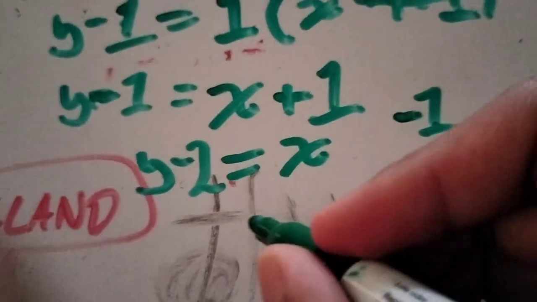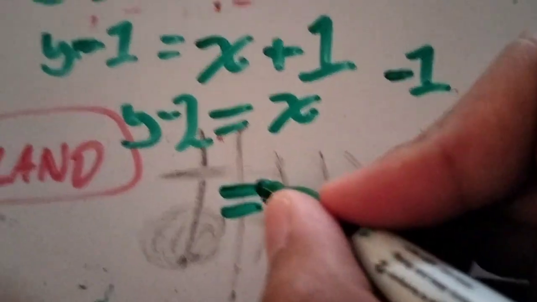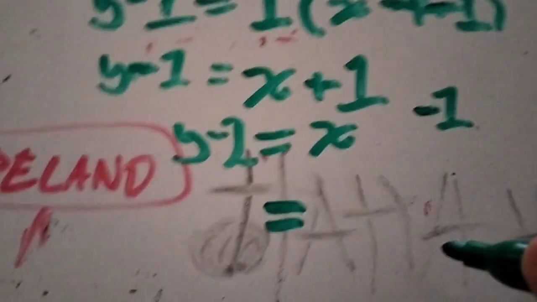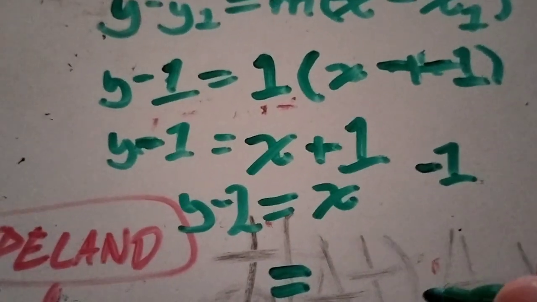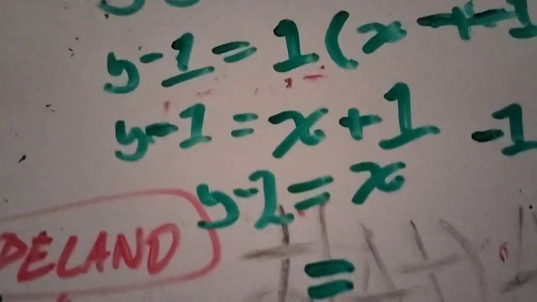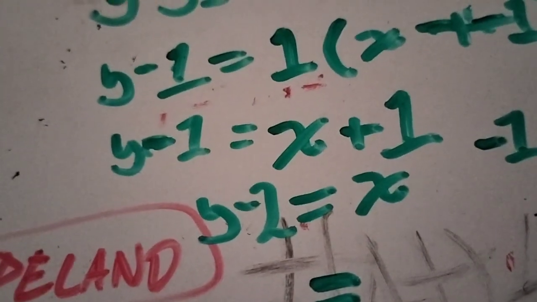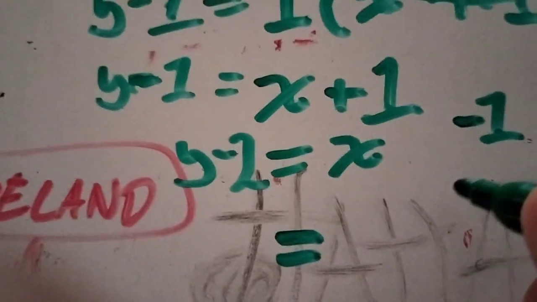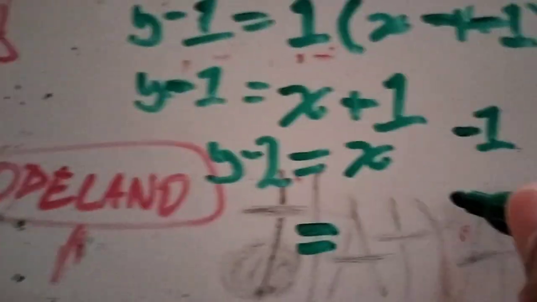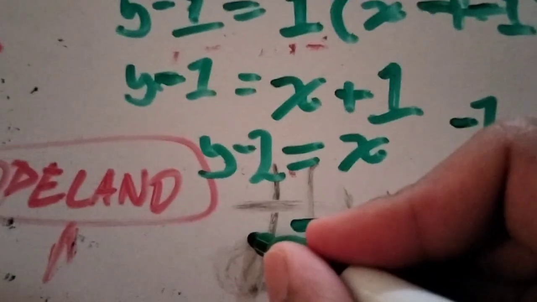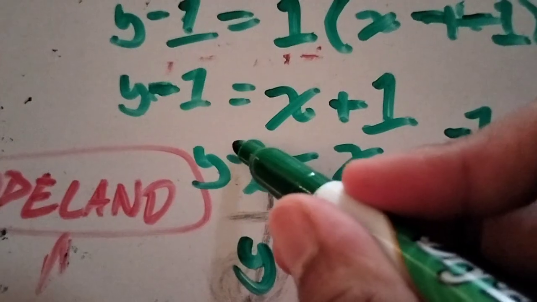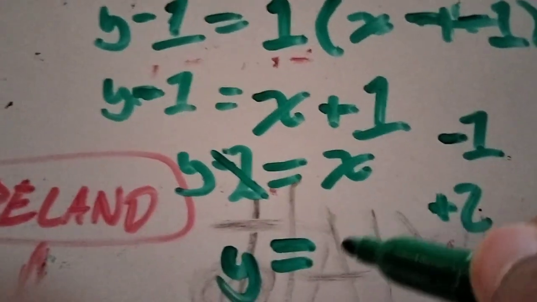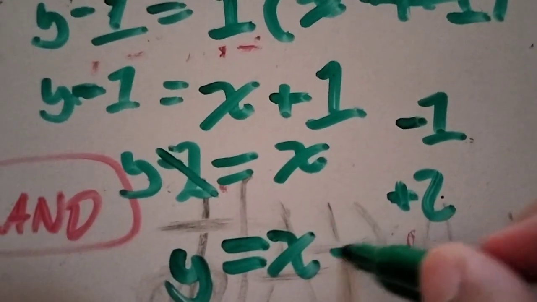Now if we take this and rearrange a couple of things, say convert it to slope intercept form, you can see that we add 2, so this takes away this minus 2, so it's just y, and this x gets a plus 2.